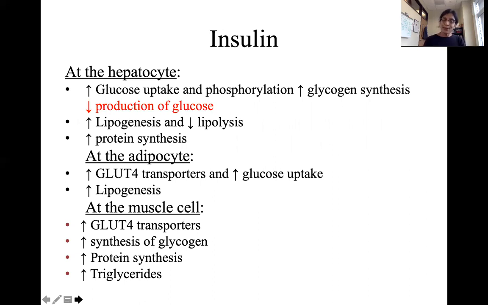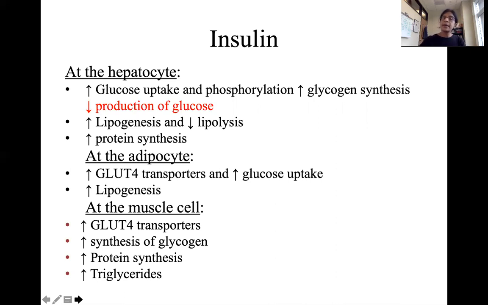Hepatocyte, so in other words, at the liver, insulin promotes the storage of glucose. First it stimulates the uptake of glucose, meaning moving glucose from the blood into the liver, and that is glucose uptake.